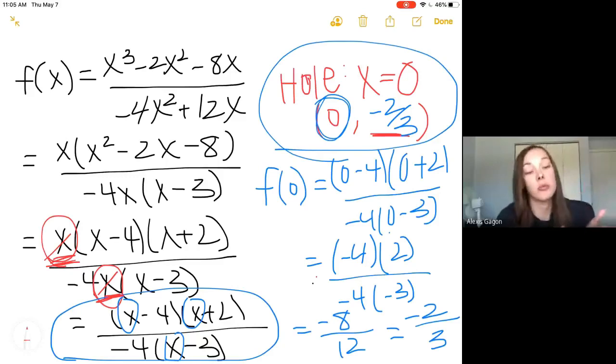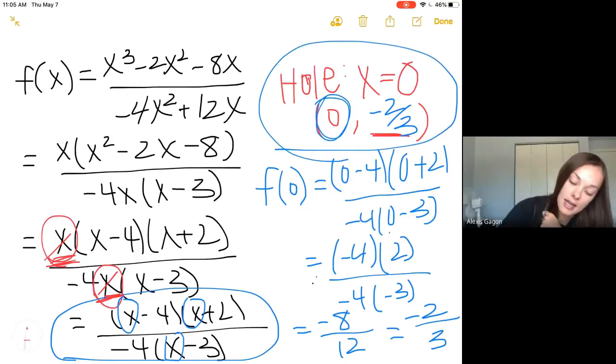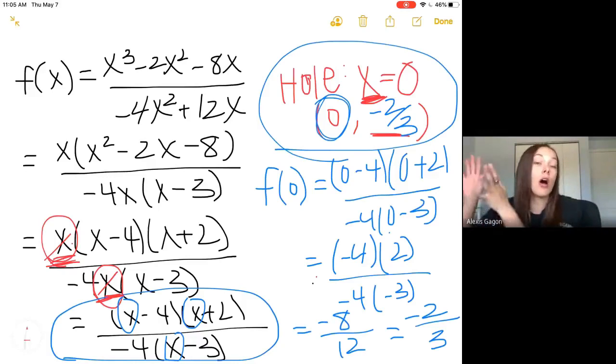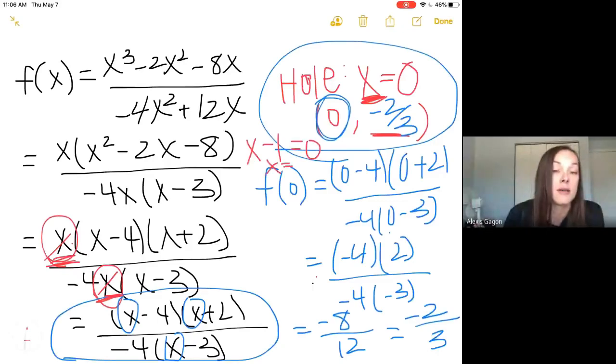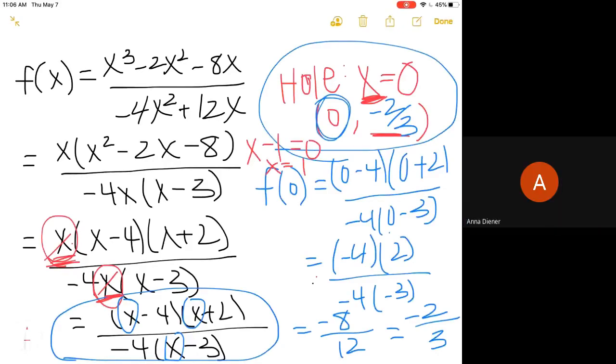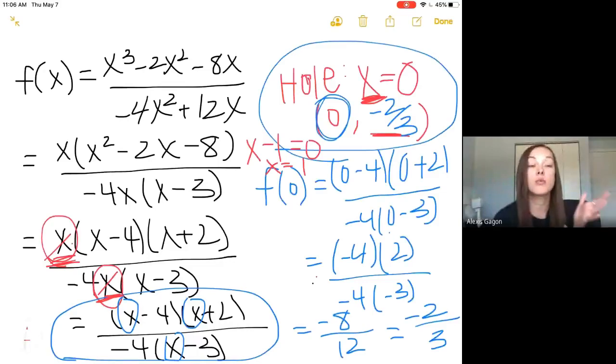In this case, it just happened to be x. We're going to do another one where it's not just x. But since this was just x, I set x equal to 0, and then you would just solve for whatever it was. So say that was x minus 1 equals 0, then you would have ended up with x equals 1, if that was the thing that you canceled. But in this case, we just canceled the x, so that's why it's just x equals 0.